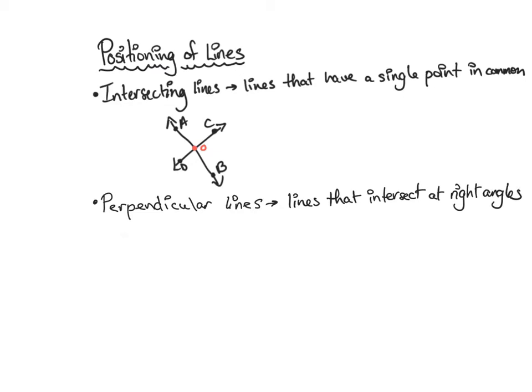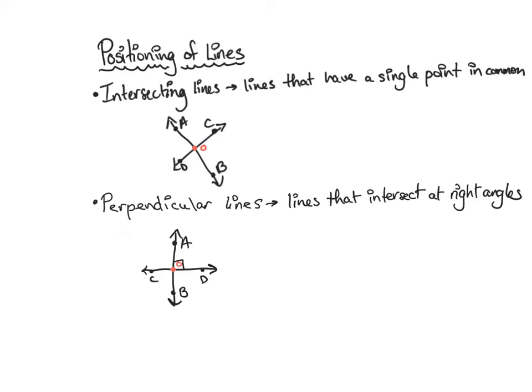Okay, so if we have line AB, and CD crosses it at one spot, as we said, O, but it forms a 90-degree angle where they meet. That means that they're perpendicular lines.